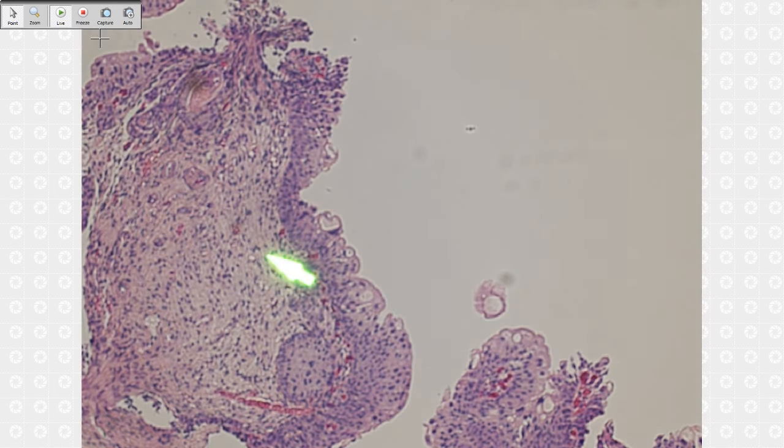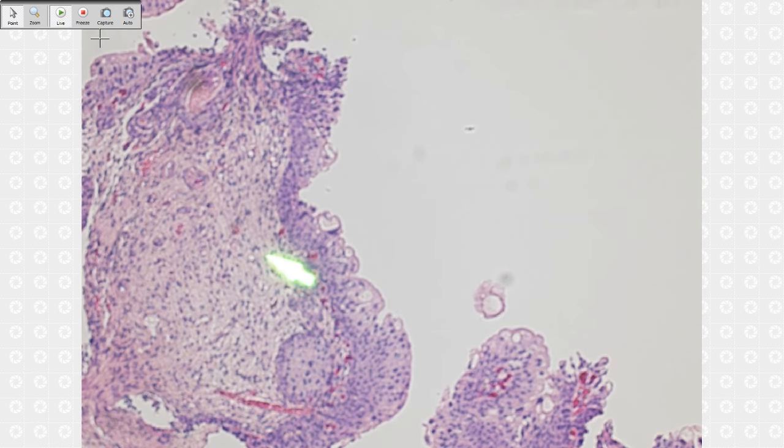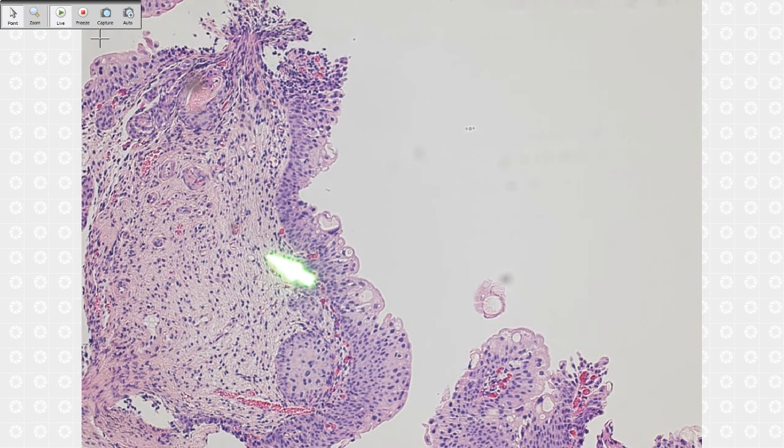Now you fix the eyepiece. It's still kind of blurry up there. How about the condenser? The eyepiece is okay, right? Where's the condenser?